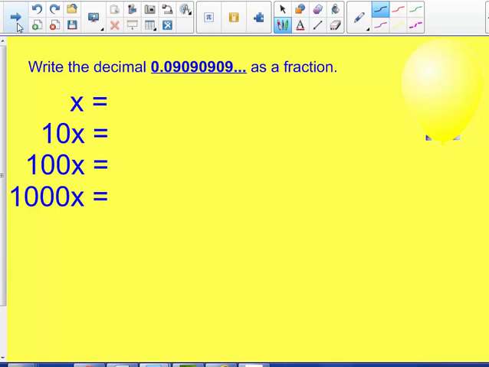Well, x is the decimal 0.09 repeating. Okay, so that's x. What happens if I multiply this by 10? Now it becomes 0.90 repeating. What happens if I multiply this decimal by 100?